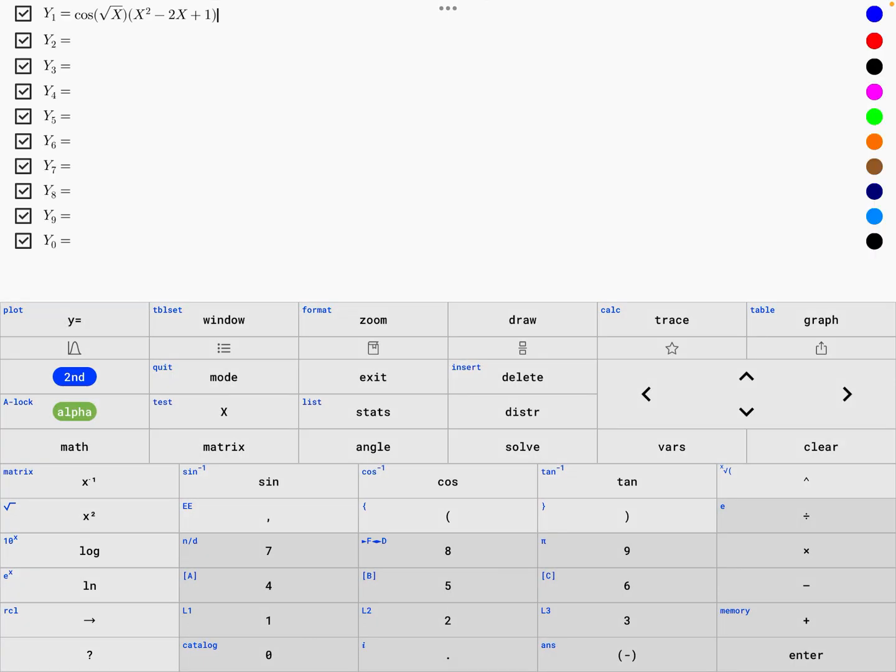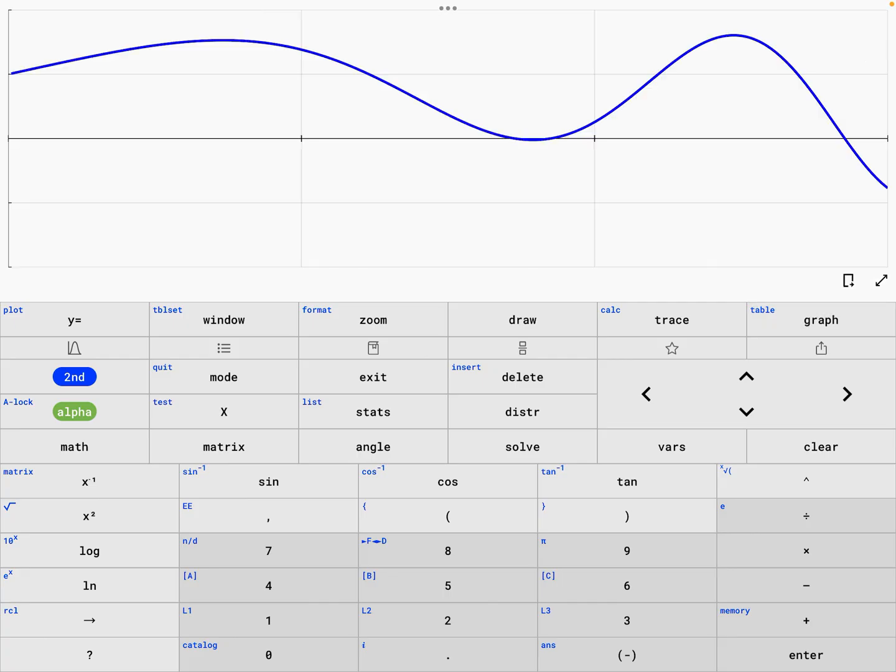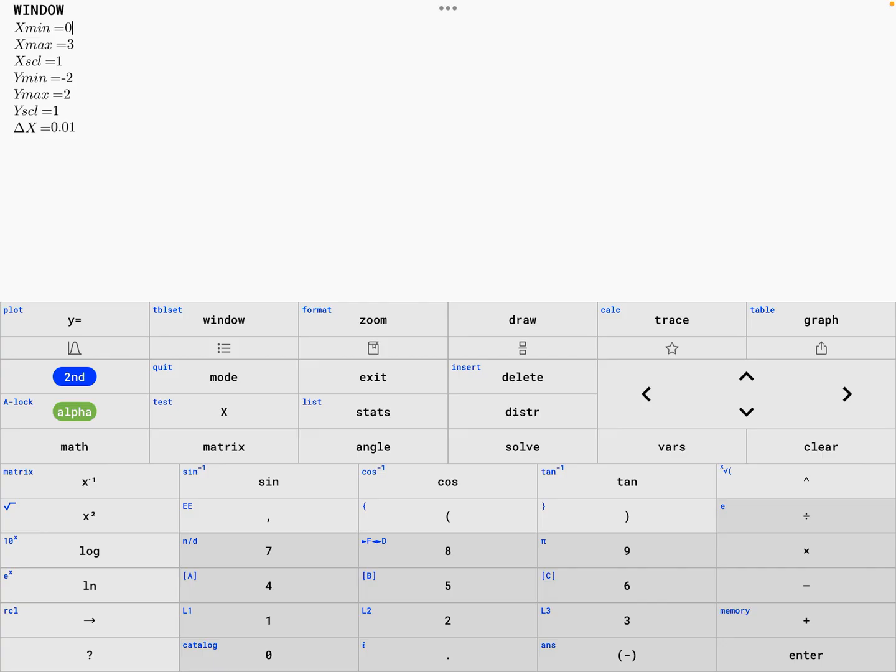So let's go to y equals, clear that out, and then I'm going to graph h prime, which is sine of x plus cosine of x squared. Okay, let's graph that. Window, let's change the window to be from -3 to 2.